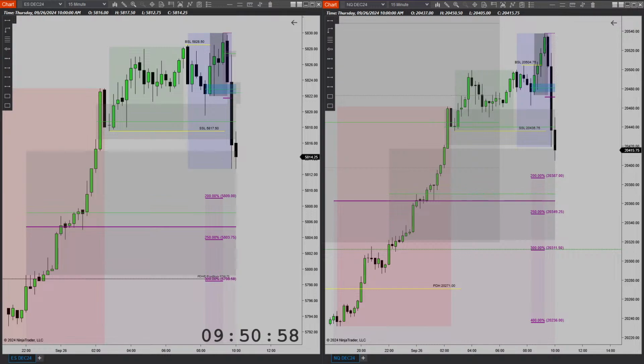No. This is the low of that gap. 25% of this gap is here. I'm not jumping in yet. I'm gonna wait until the 10 o'clock. We are within the 10 o'clock macro right now.